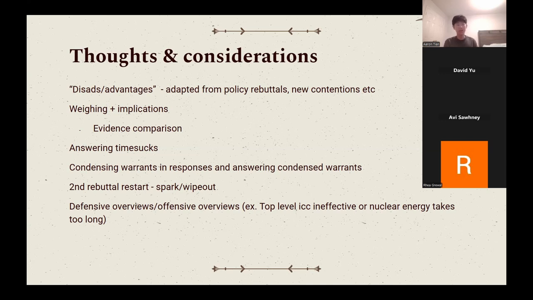So if you can incorporate the comparative analysis and also the purpose and meta level explanation of why the argument you're making matters in the general context of the round, then it is a lot more efficient and also helpful to then go for these arguments in the back half, because you already have a setup of here's the argument you're making, but also here's the analysis about why it matters. And if either one of those parts gets dropped, well, then you have something that you can leverage and utilize against their case.